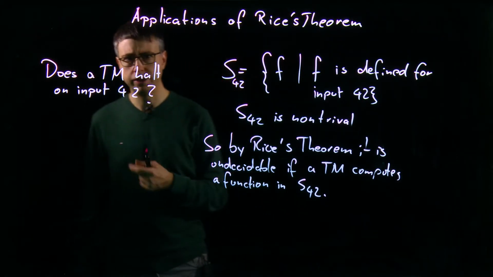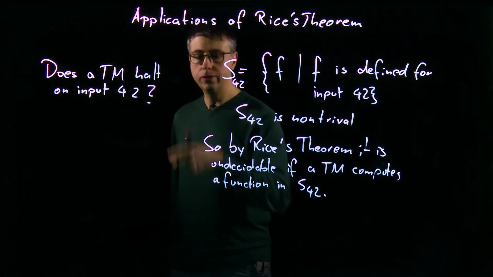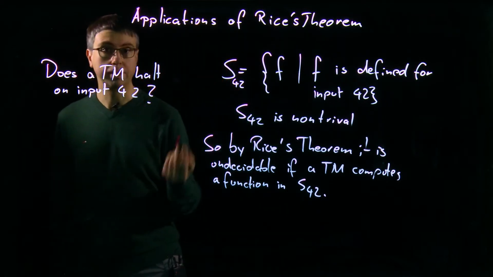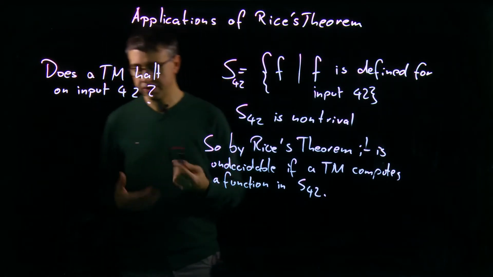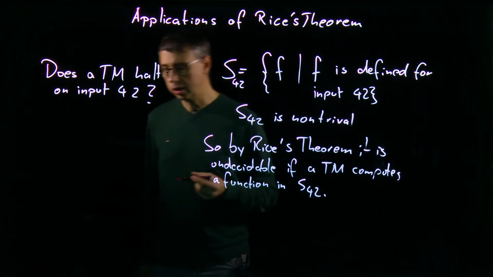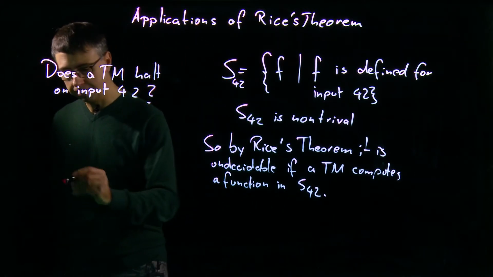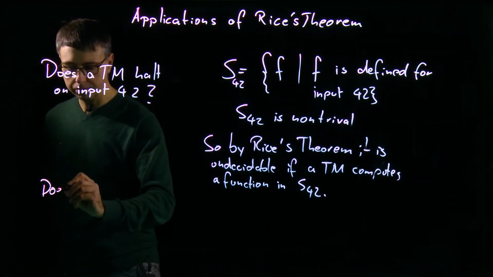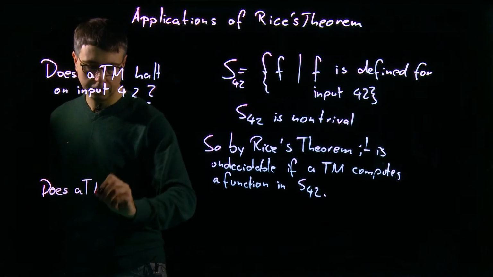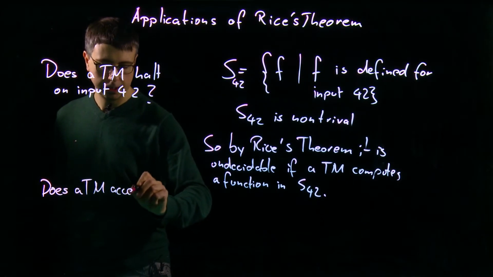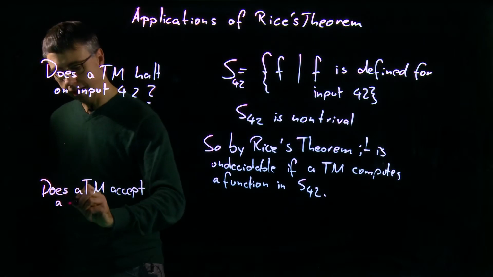We can not only use the function version, we can also use, for example, the language version and prove some other interesting properties to be undecidable. For example, the property, does a Turing machine accept a regular language?